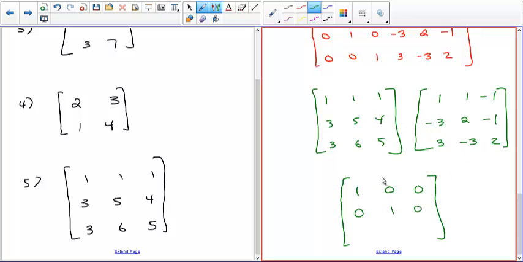Then we do the third row, first column. 3 minus 18 is negative 15, plus 15 is 0. Third row, second column. 3 plus 12 is 15, minus 15 is 0. And finally, negative 3 minus 6 is negative 9. Negative 9 plus 10 is plus 1. So it does work out. So that was good.